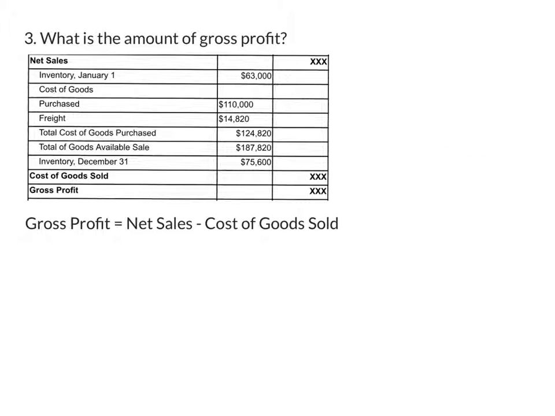Now we'll find the gross profit. And the gross profit is found by taking the net sales, and we previously found the amount for net sales to be $178,870. So we'll take that value and then we'll subtract the cost of goods sold. And the cost of goods sold was also found previously, and that value is $112,220.